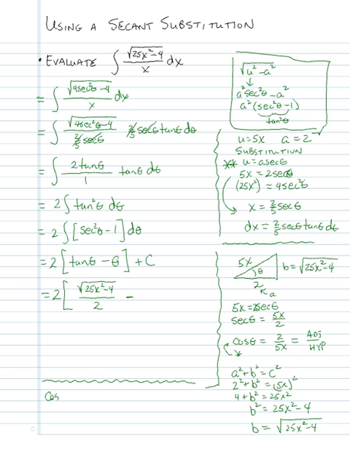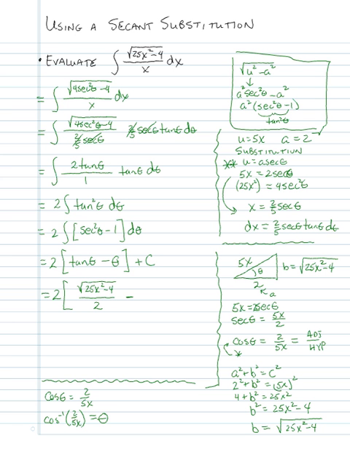Since cosine of theta is equal to 2 over 5x, then the inverse cosine of 2 over 5x is the angle that we need to take the cosine of to get 2 over 5x. So inverse cosine of 2 over 5x is actually equal to theta, isn't it? That's what we need to be concerned with here.